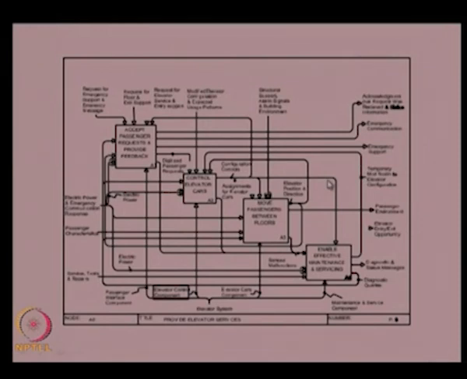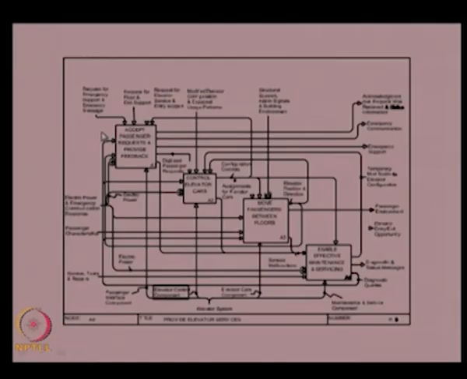This looks a bit difficult to read, but I will show you another diagram where the details are given. So the overall picture is shown here. You can see that this is accept passenger request and provide feedback as one function, control elevator cars as another function, move passenger between floors as another function, and enable effective maintenance and servicing as another function.